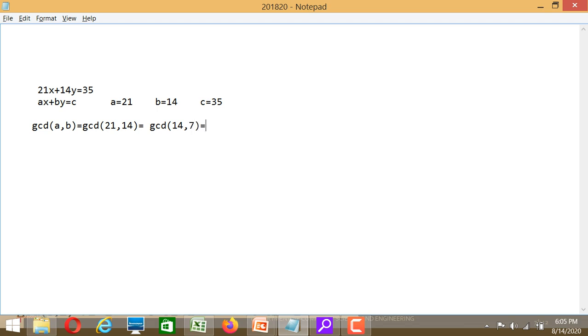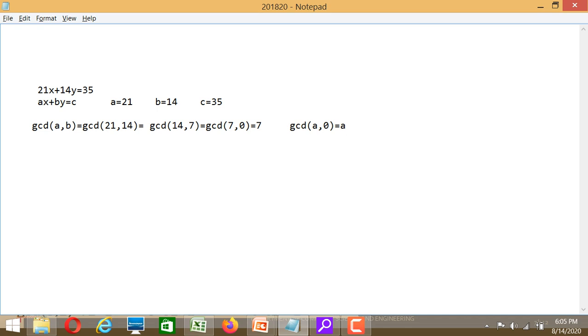Then this is equal to GCD of 7 comma remainder after dividing 14 by 7. The remainder is 0. This is equal to 7 as per fact 1 of the Euclidean algorithm, that is GCD of a comma 0 is equal to a.